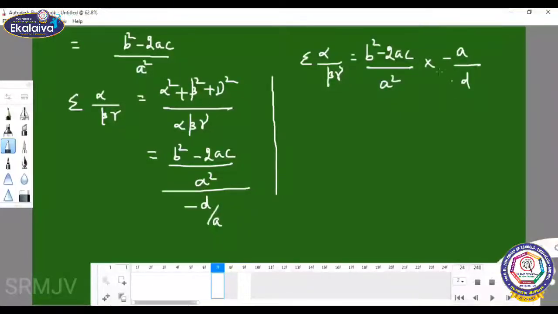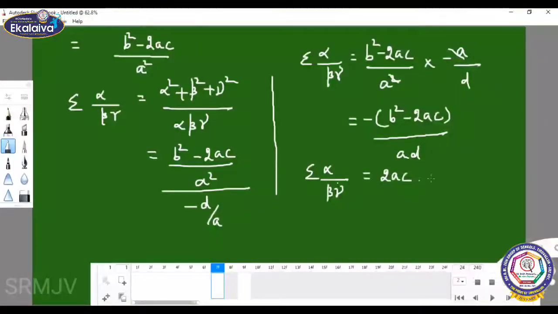The a gets cancelled, it gives minus of b square minus 2ac by ad. You bring the minus inside, so sigma alpha by beta gamma equal to 2ac minus b square by ad.